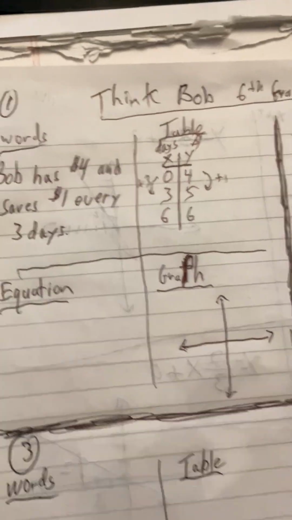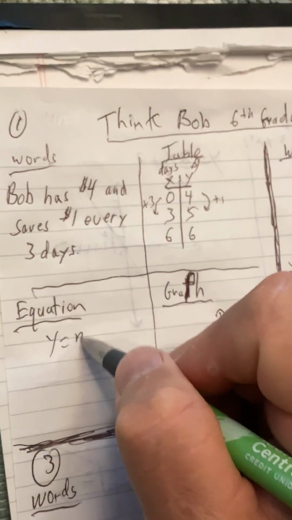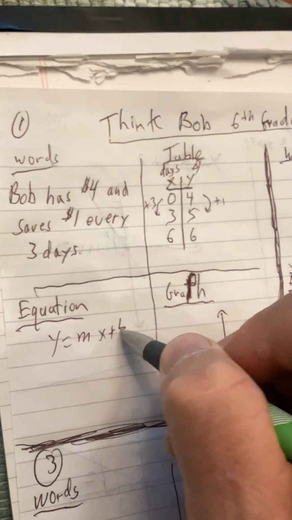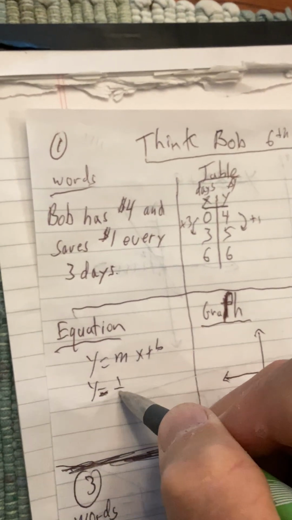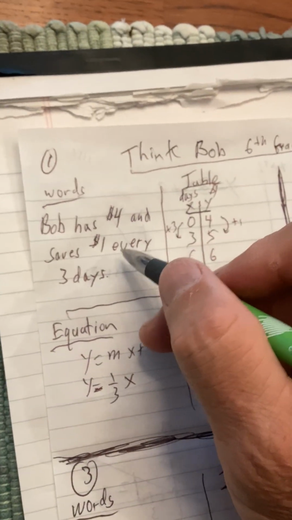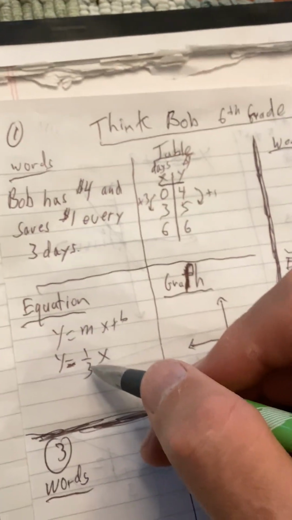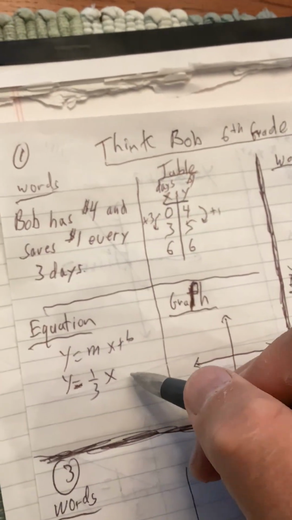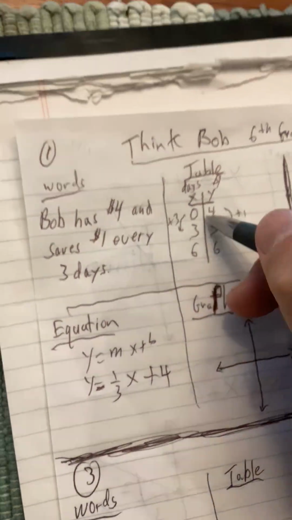And so my equation, y equals mx plus b, would be y equals 1/3 x, which is my rate of change. It's $1 every 3 days, which is my coefficient of x. And then he's starting with 4, which is what I'm starting with.